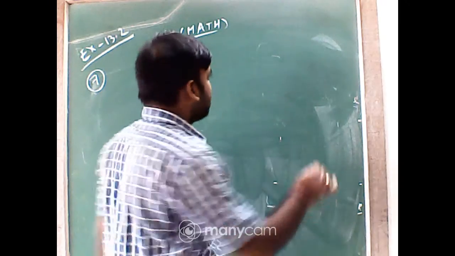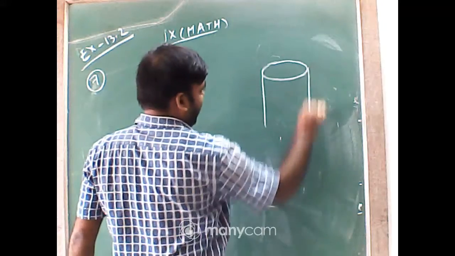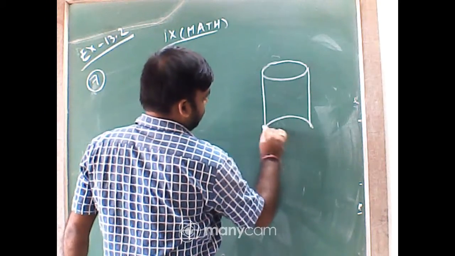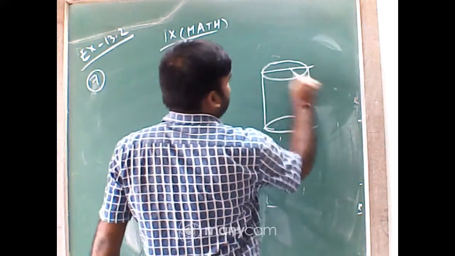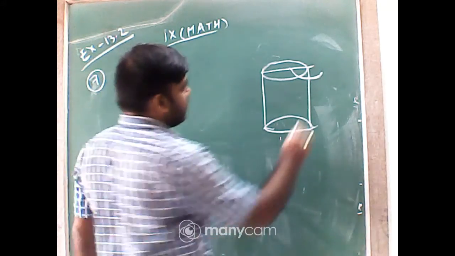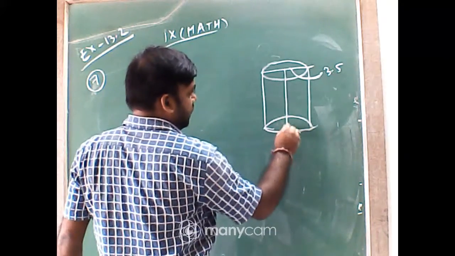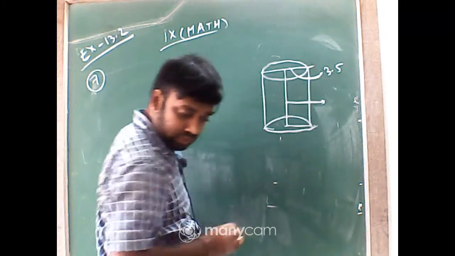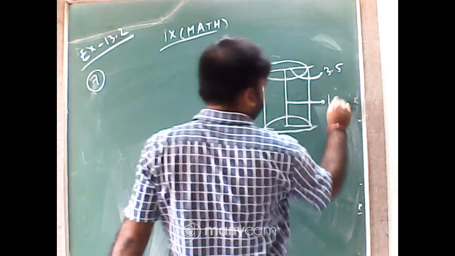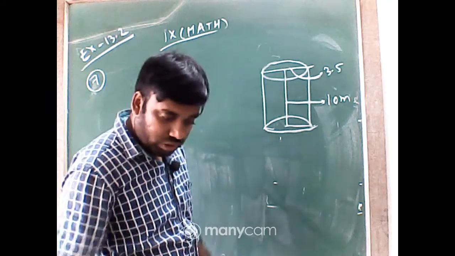So one thing students, a cylindrical well. Diameter is 3.5, and height is 10 meter.